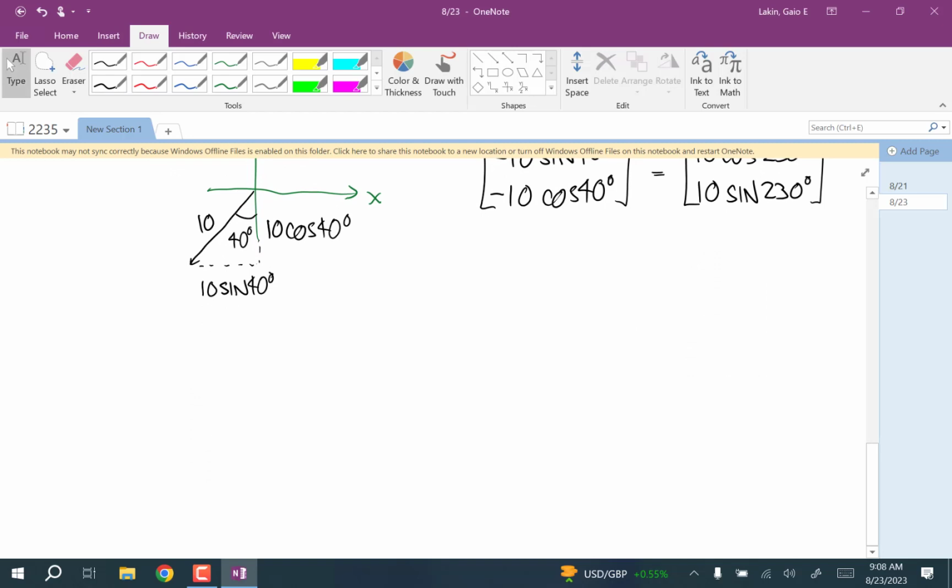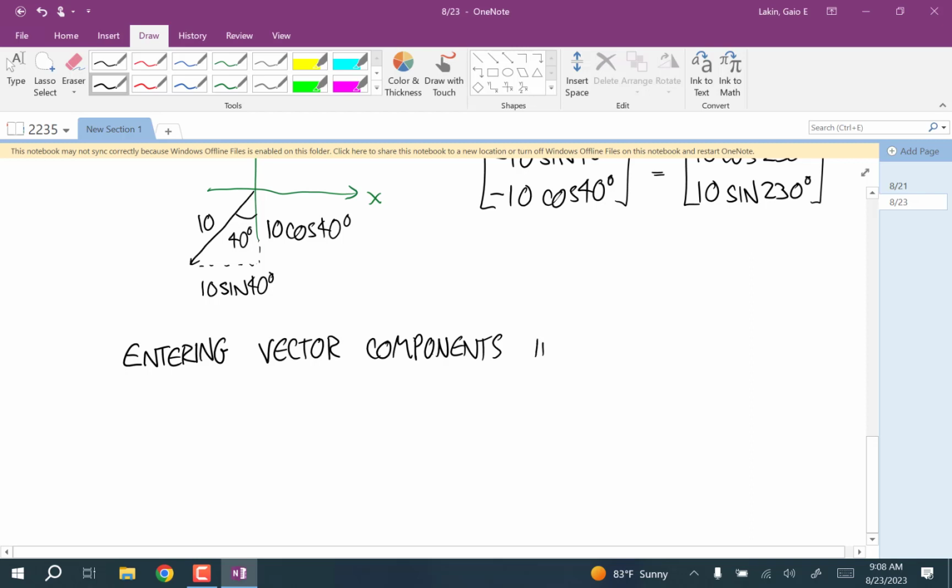Okay, once you figure out the components of a vector, it makes calculations easy. I want to point out that entering vectors in TI calculators is pretty easy. Unfortunately, for every model of the TI calculator, you pretty much have to do it differently. So, entering vectors, or vector components, in TI calculators.